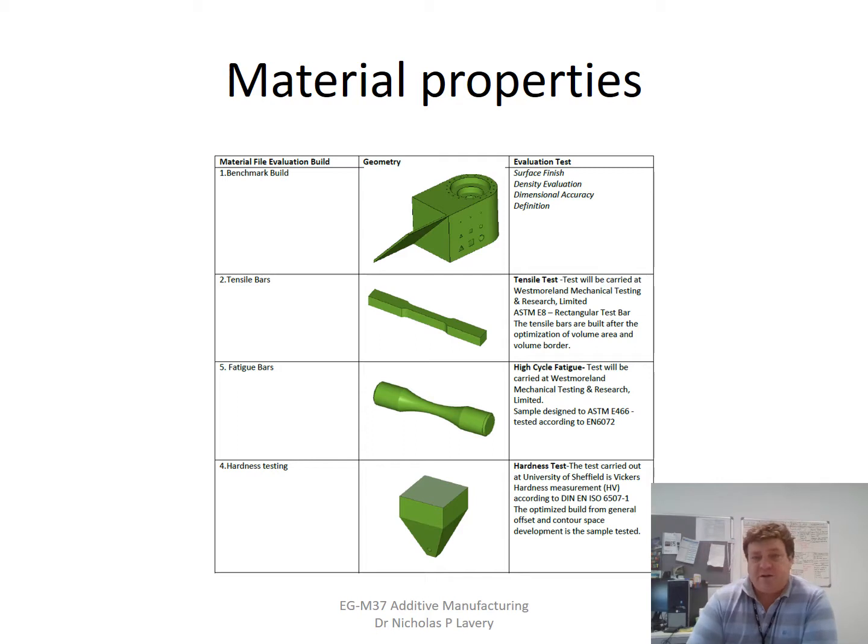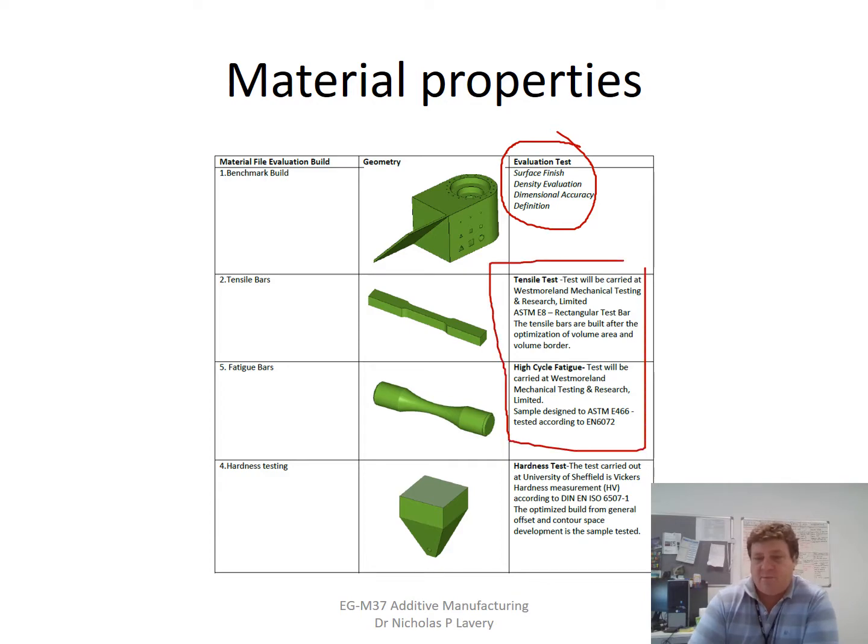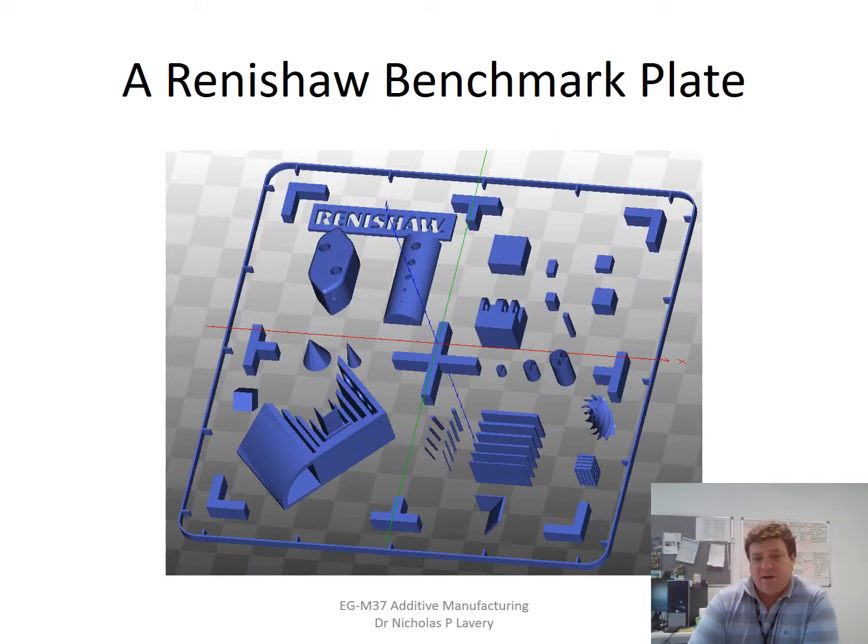More intricate little components get built, which may give you the potential of looking at various tests all at once. And then of course you've got your material based tests where we've got tensile and fatigue bars that can be built. And hardness being a relatively easy one to do, you could probably try just on the same cubes that you use for the density.